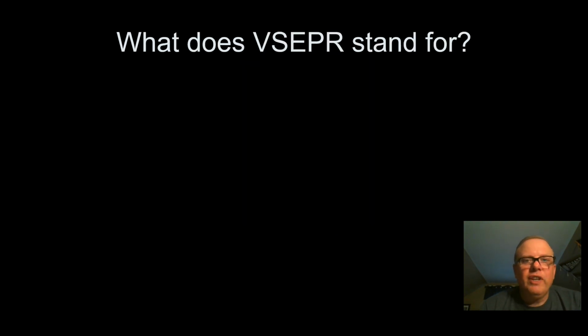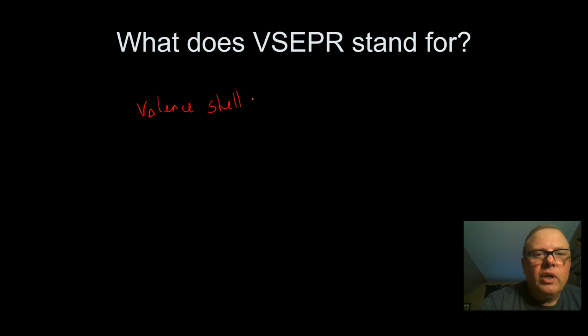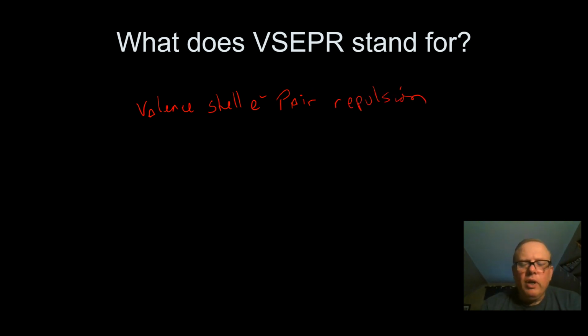Okay, what does VSEPR stand for? The V stands for valence. The S is for shell. E is for electron. The P is for pair. And the R is for repulsion. Now, I don't know what you picture in your mind with an electron, but all electrons are equal.